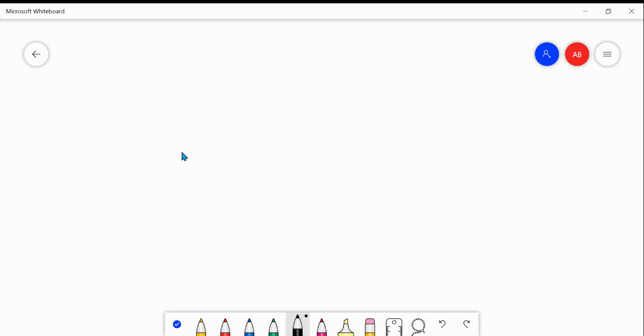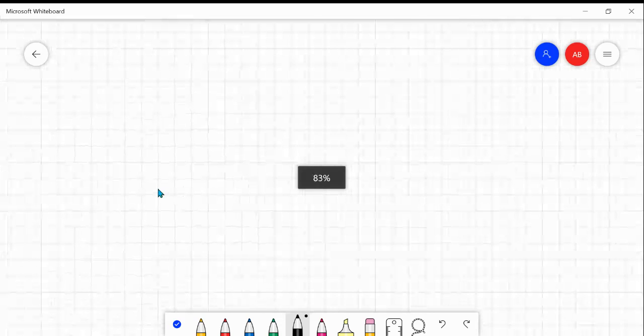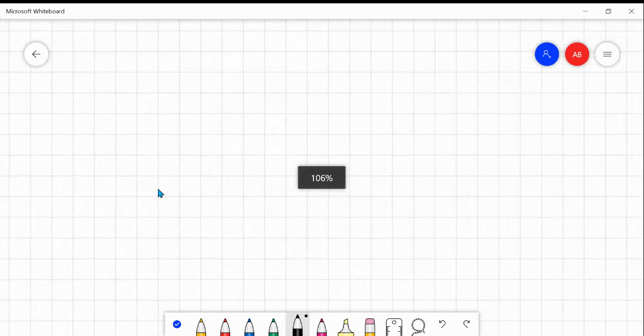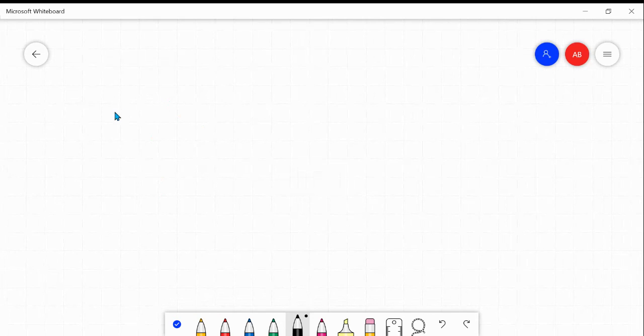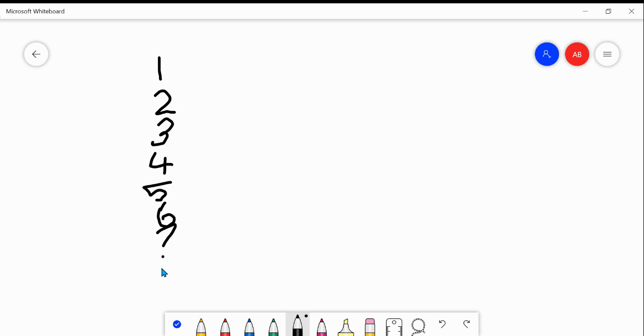So let us begin. Then counting numbers, and since we know that the counting numbers and the integers and all the rational numbers, sorry, my bad, are the same, I'm just gonna write the counting numbers for simplicity's sake. 7 dot dot dot.